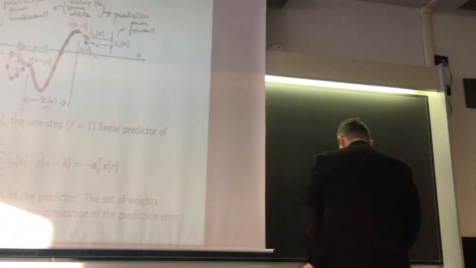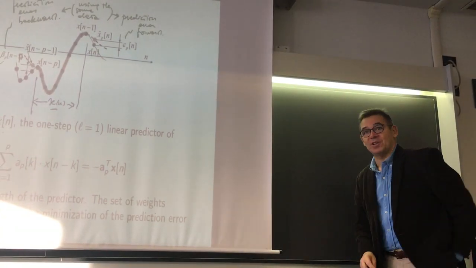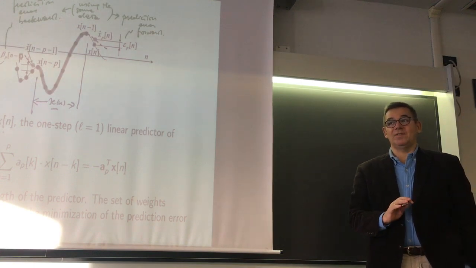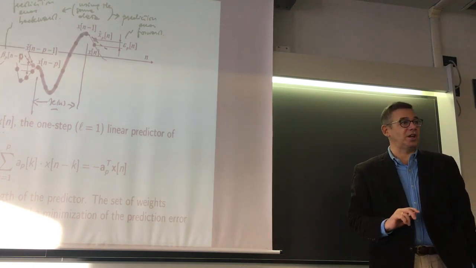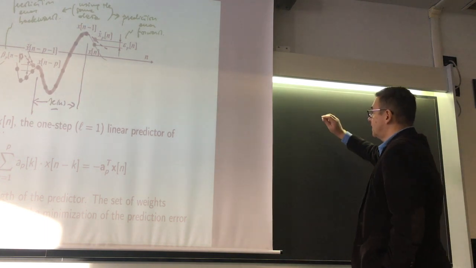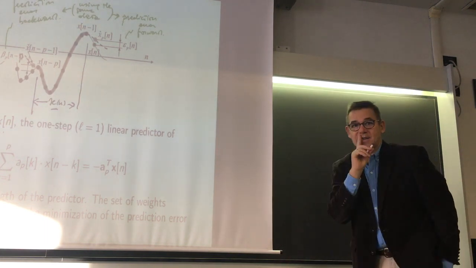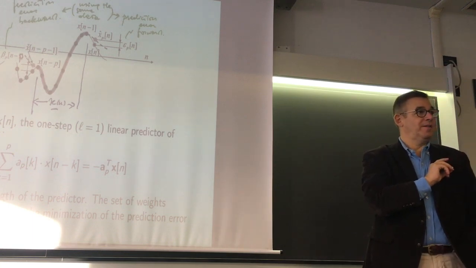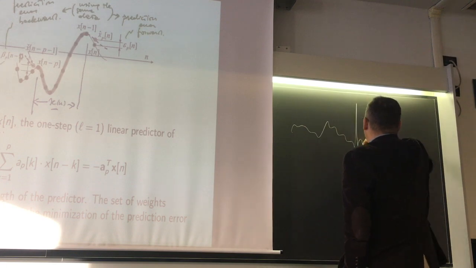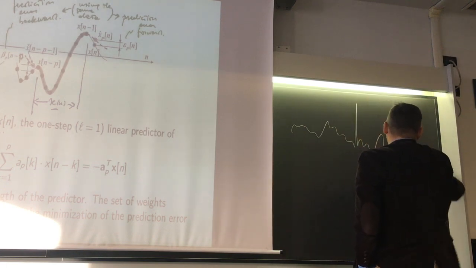Now, you can make a linear prediction, for instance, if you want to understand whether in the signal you have a process that is changing in a property. Let me make an example. Imagine the example of the spikes. So you have a signal, and then every now and then you have a spike.